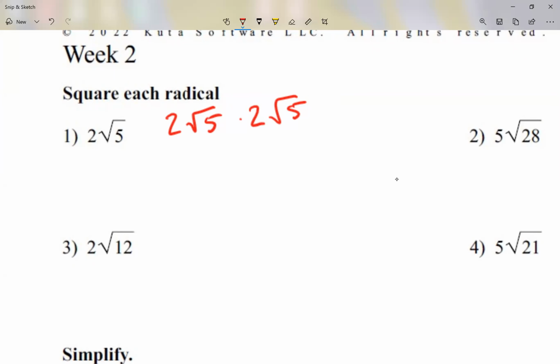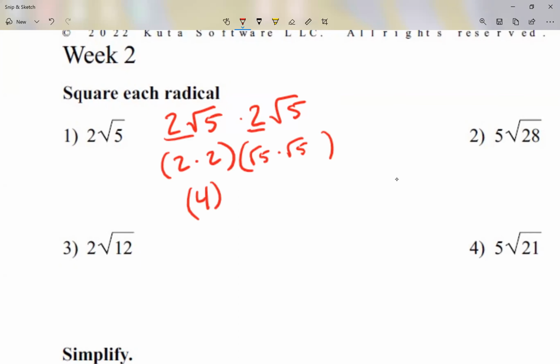So I'm going to have 2 times 2, the whole numbers, the numbers that we see outside. And then together, I'm going to have the radicals, radical 5 times radical 5. Whole numbers go with whole numbers and radicals go with radicals. Now, in the whole numbers, 2 times 2, well, that's 4. Let me keep that inside parentheses.